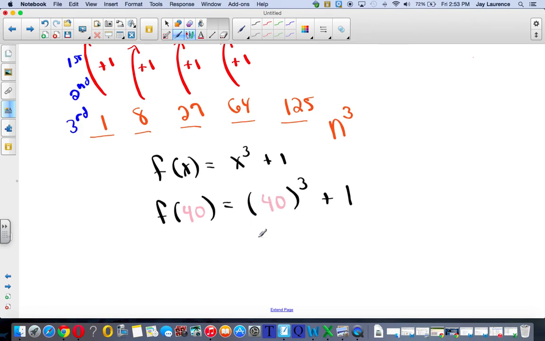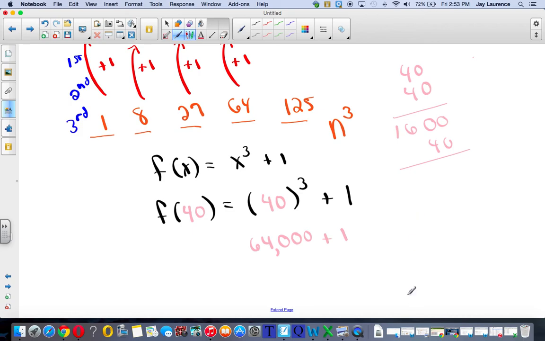And let's see here. 40 cubed, I know 4 cubed is 64, and times 10 times 10 times 10, I think it's going to be 64,000, right? 40 times 40 would be 1600, and then times another 40. Yeah, I'm pretty sure that's right. Then if I add 1, I'm going to get 64,001.